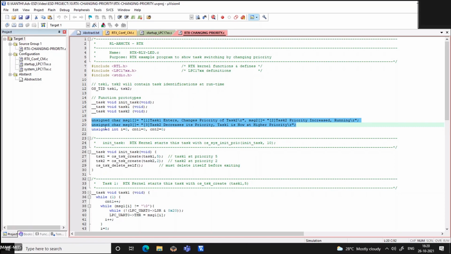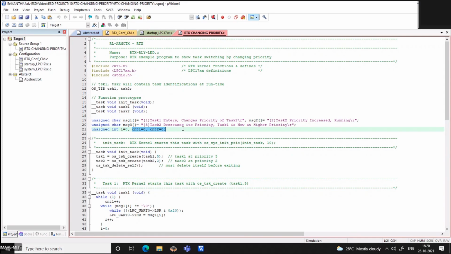So we are declaring this with some array. So you reserve some array for these messages, and also in the task we are putting some count, simply to say how many times the same message is displayed.